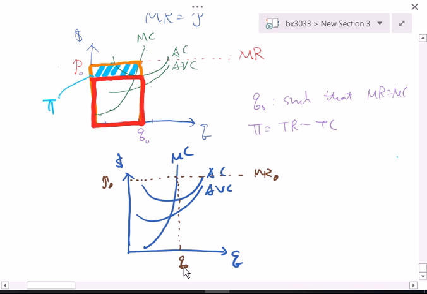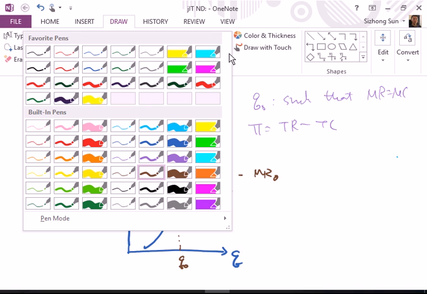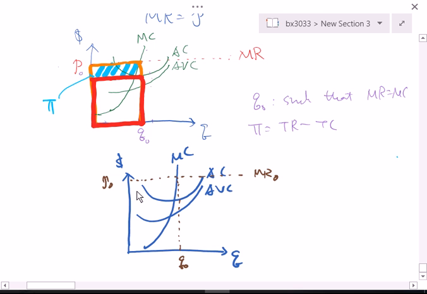Okay, and we know that this firm is making positive profit. Now let me reduce. I'm going to vary the price level, or vary the marginal revenue of the firm. Let me use another color. Suppose the price, for some reason, drops to this level, P1. Definitely it still follows the rule of MR equal to MC.